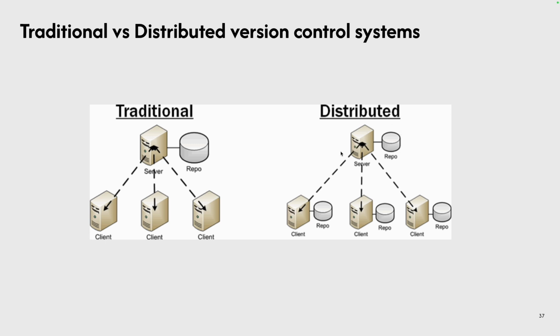So any data loss, any corruption, or any downtime to the server will not impact production. This is the difference between traditional and distributed version control. Traditionally only the server has a repo, but here all the users' client machines have the repo as well.